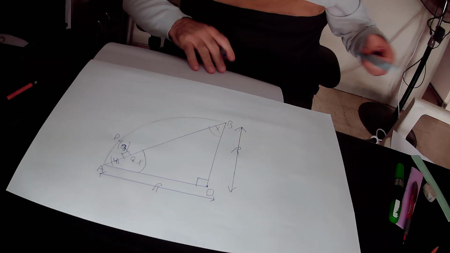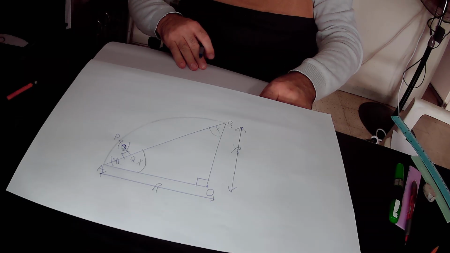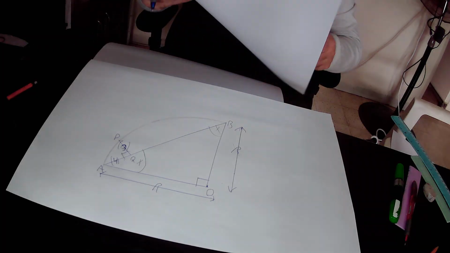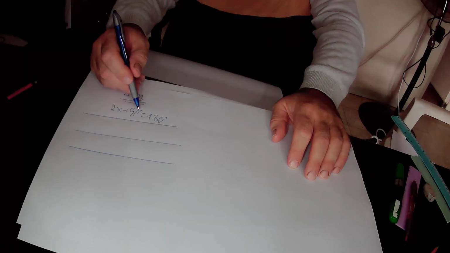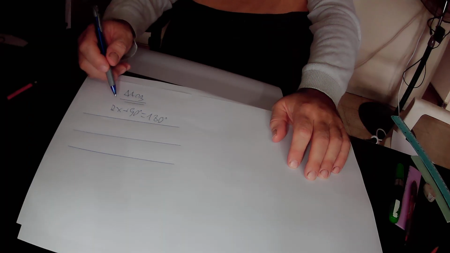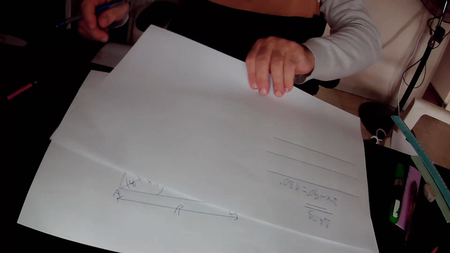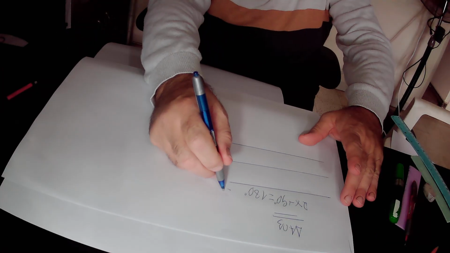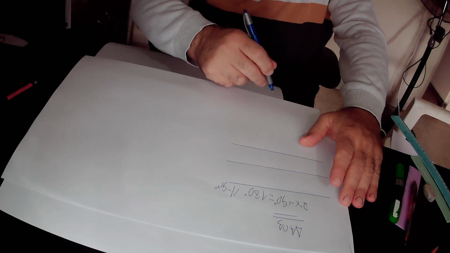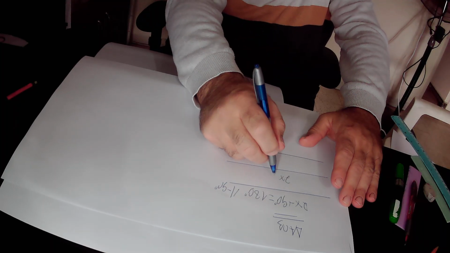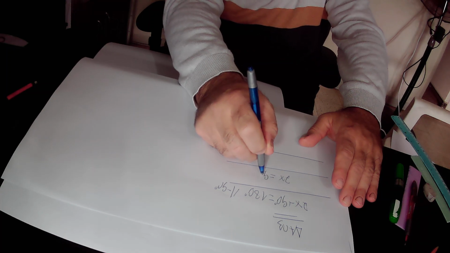Repeat again, in the right triangle AOB, the sum of the angles is equal to 180 degrees. That is to say, 2x plus 90 degrees in total must be equal to 180 degrees. Here, we subtract 90 degrees from this equation, and we get that 2x equals 180 degrees minus 90 degrees, that is 90 degrees.